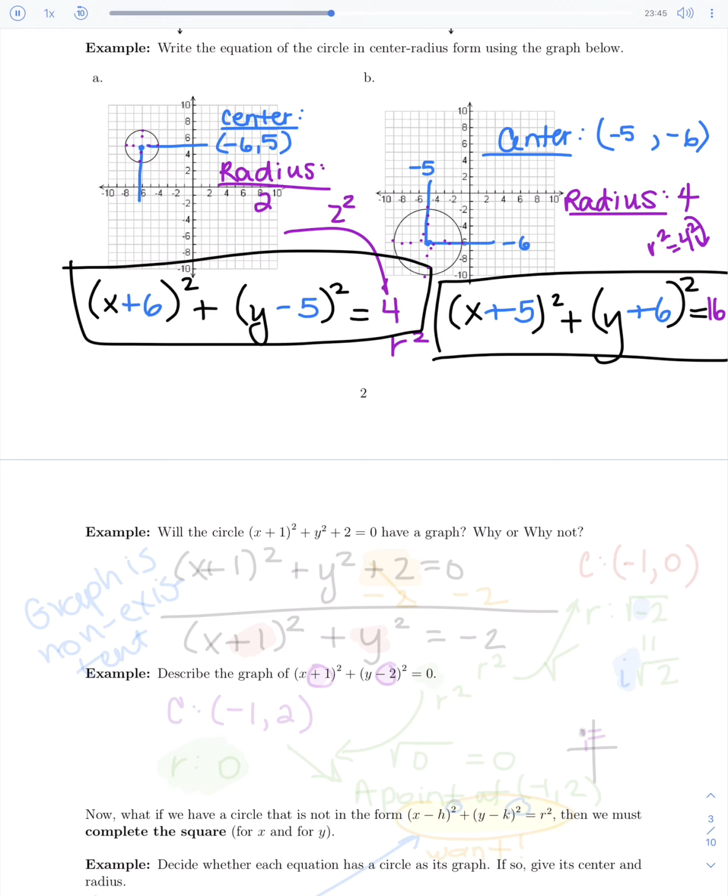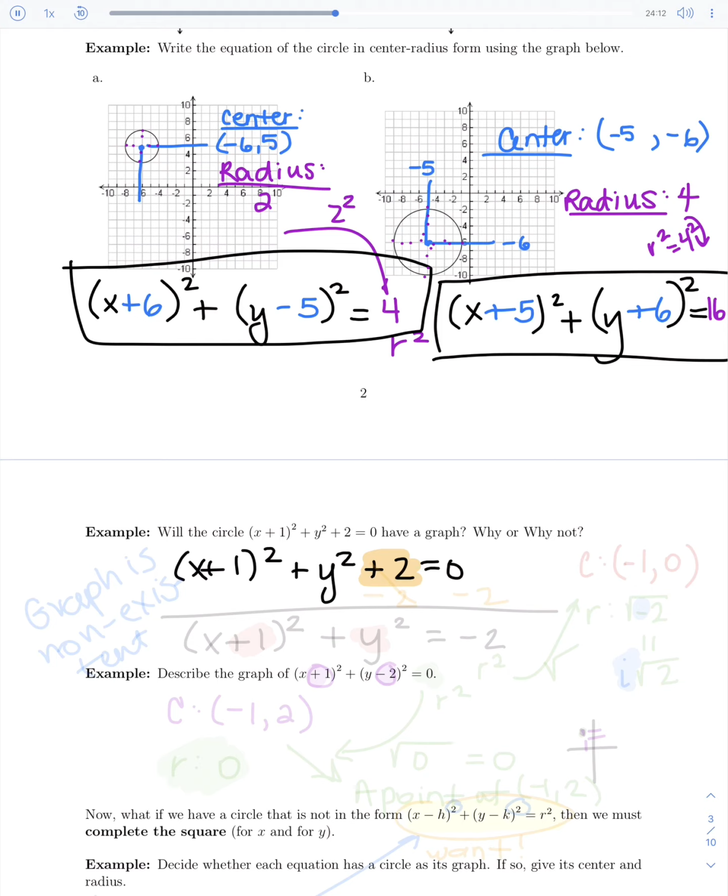Continuing along, let's take a look at the next example on the next page. So on the next one, we have x + 1 squared plus y squared plus 2 equals 0. What we notice with this one is we have a +2 that is not grouped with either the x's or the y's, which means it's a part of our radius.